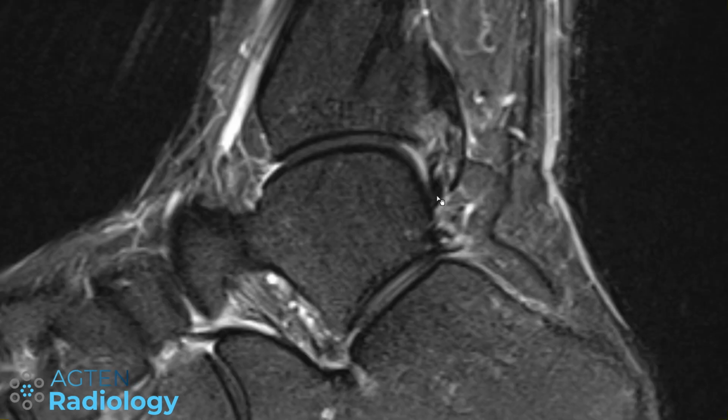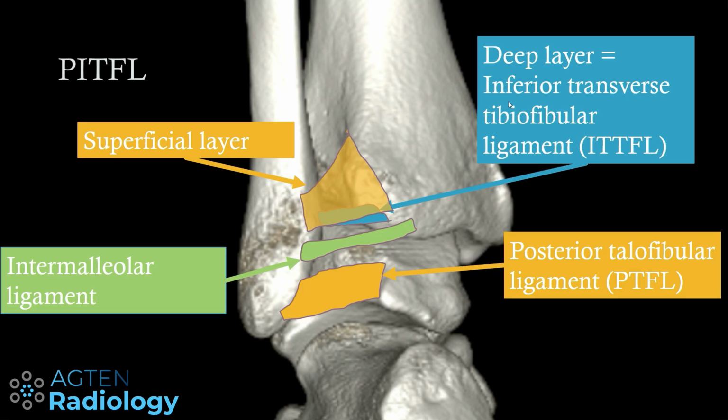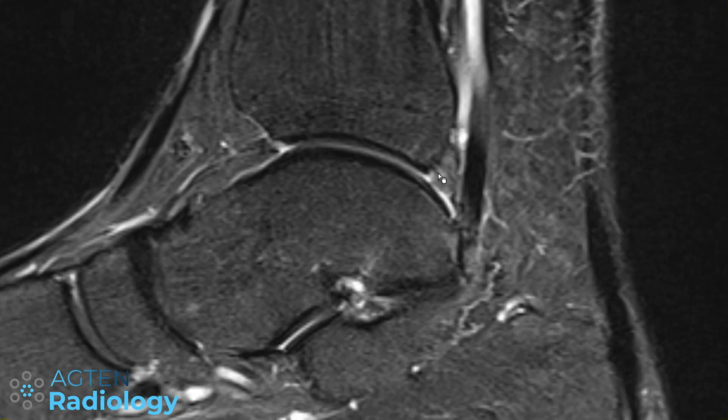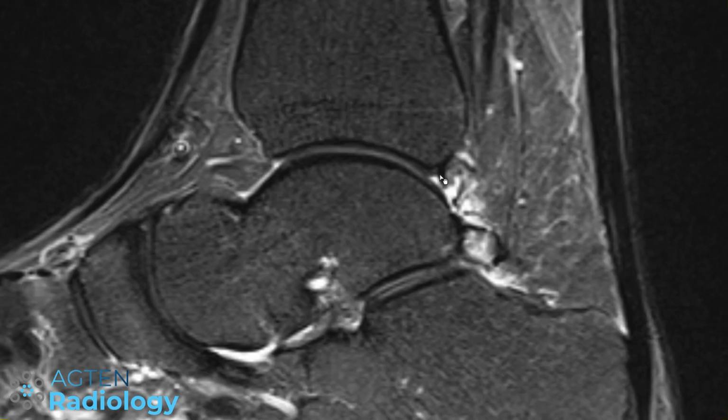So this basically is this deep portion that you can also see here, just quickly to make the repetition here in blue. So this is this ligament here, which is completely normal in this case. So you have this black lip here just adjacent to the posterior portion of the tibia.